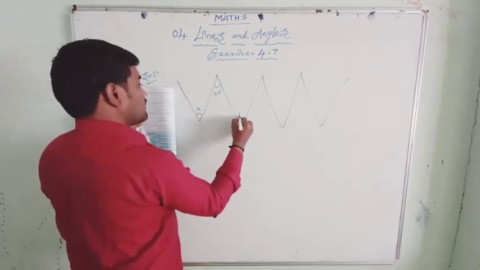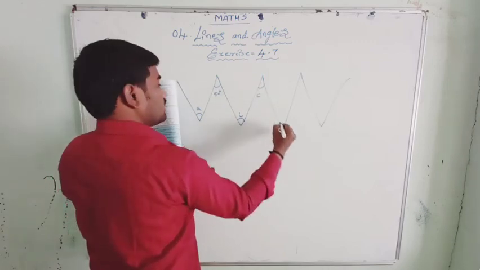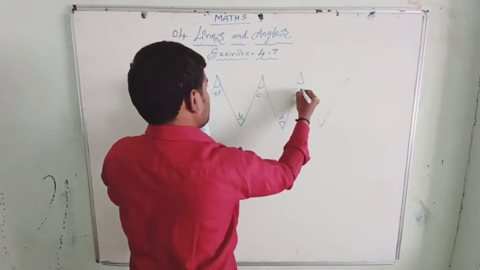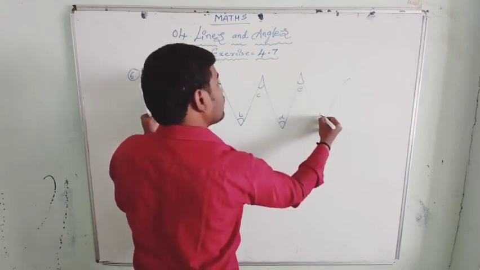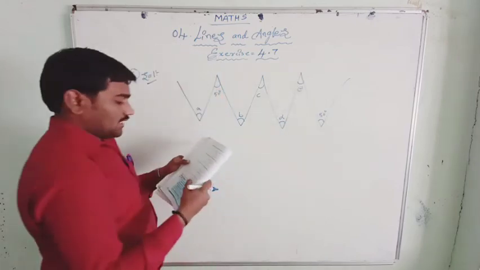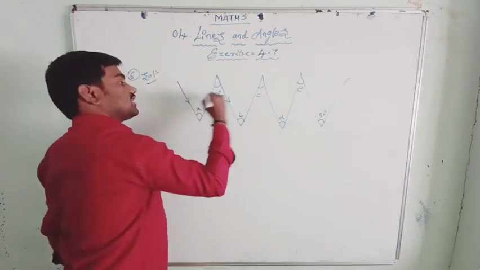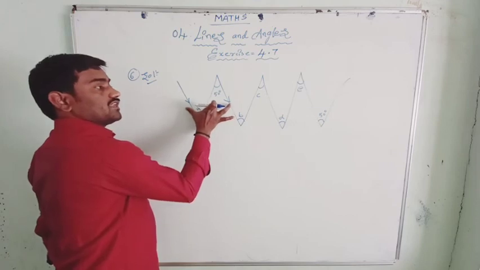Here it is angle B, here is angle C, here is angle D, here is angle E, and here it is 50 degrees. And see that this line and this line are parallel. These two lines are parallel.